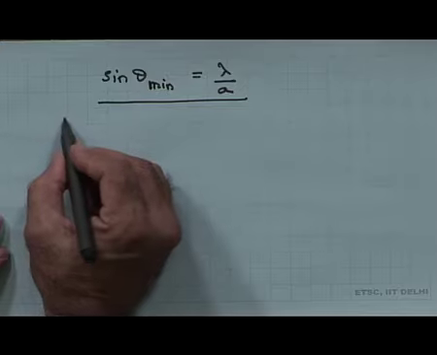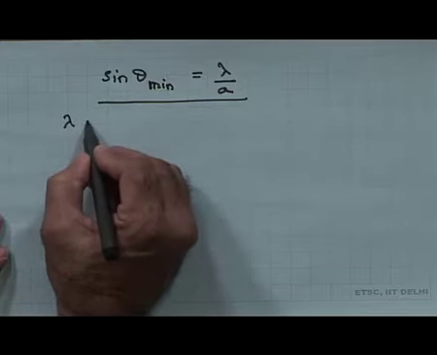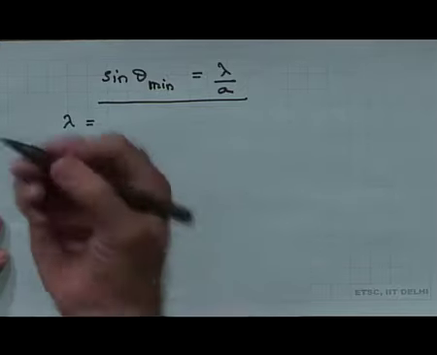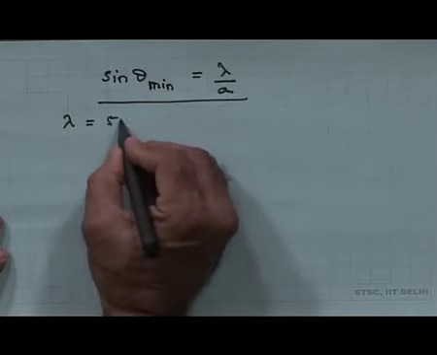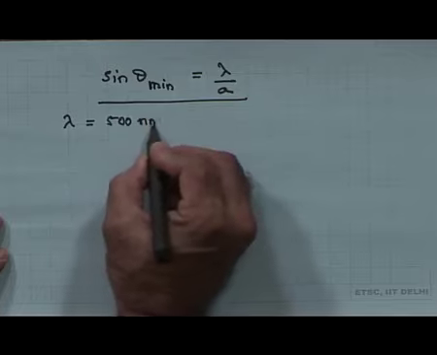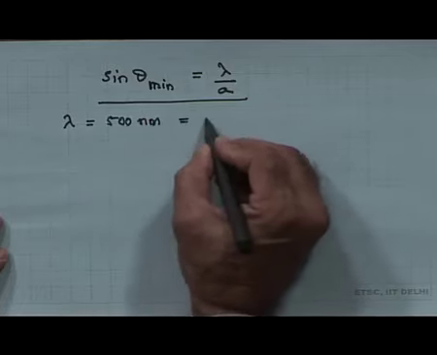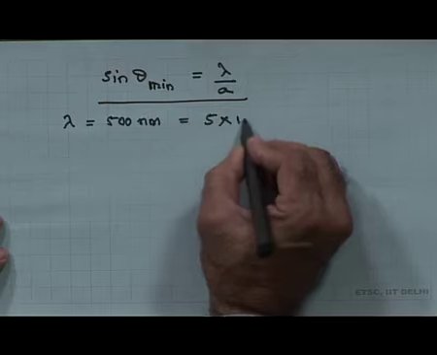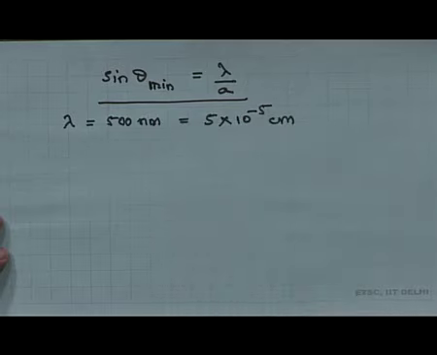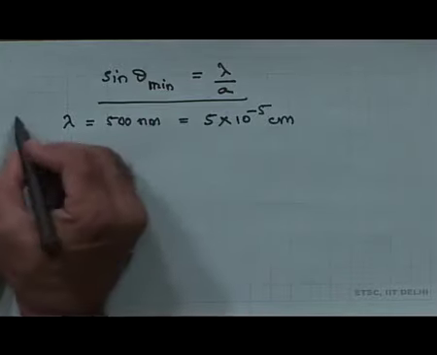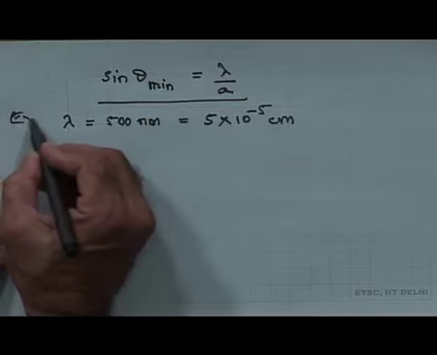If we use visible light, let us say we are taking the blue green region, then lambda is equal to 500 nanometers, which is equal to 5 into 10 to the power of minus 5 centimeters, that is 0.5 micrometers. This is just an example.